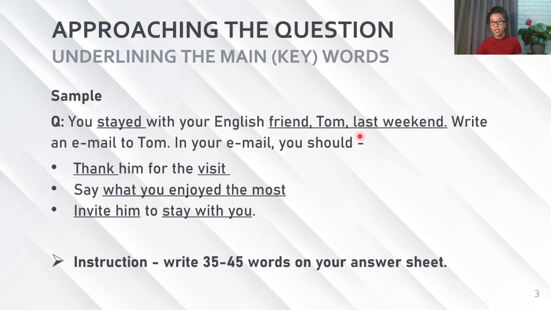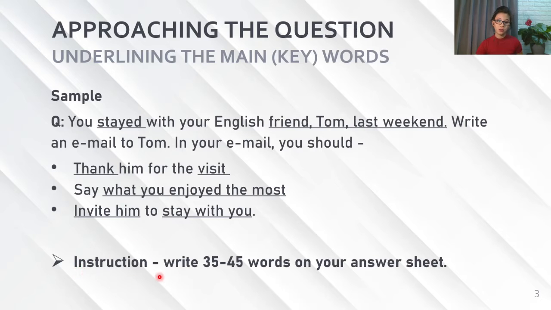You can write past simple, past perfect, past continuous, any tense, but it must be in the past. So this is underlining the keywords, the main words, and then breaking this question down to fit into your own plans.